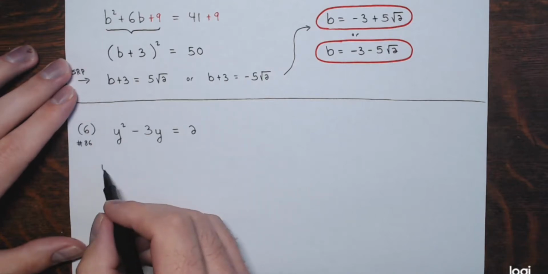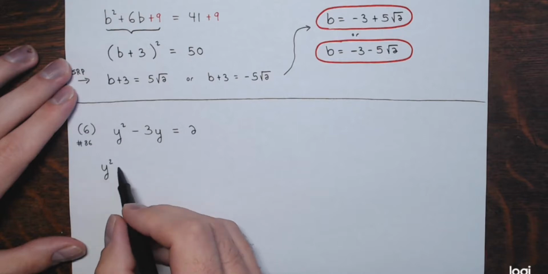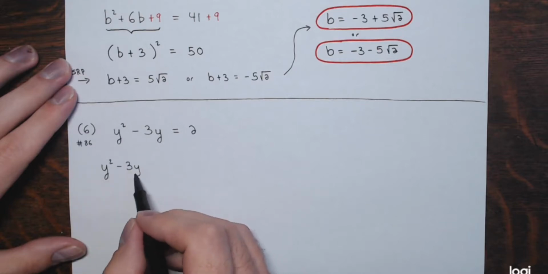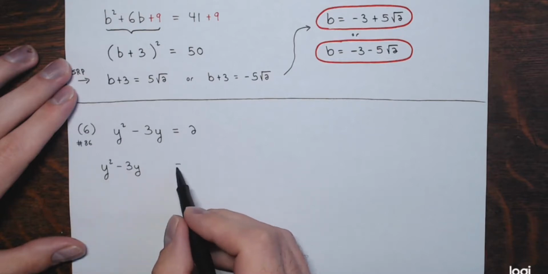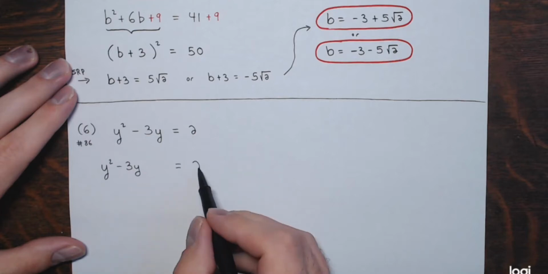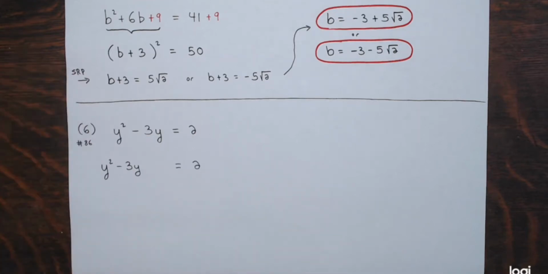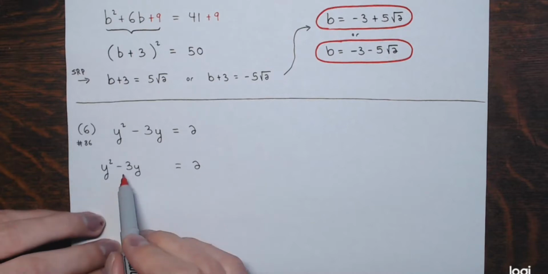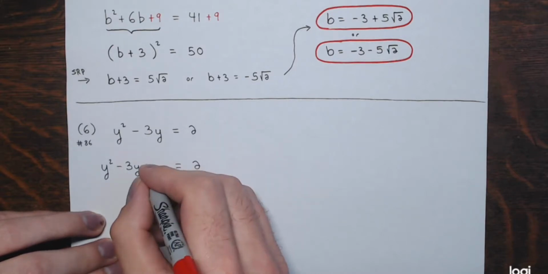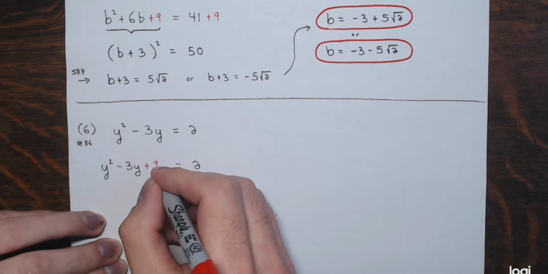So I can complete the square right now. So we have y squared minus 3y, and I'll leave a little space so we can complete the square, equals 2. Now, half of negative 3 is negative 3 over 2. And when this is squared, that'd be positive 9/4.